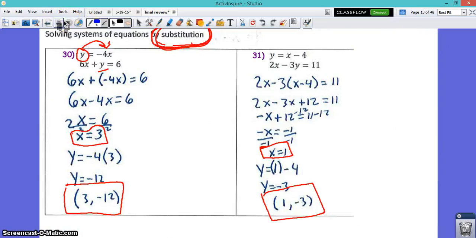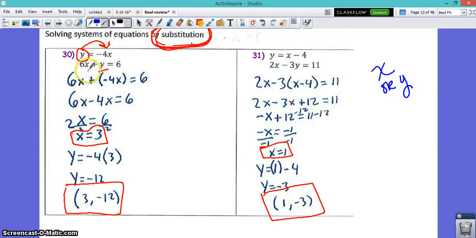30 and 31, this is substitution. Remember, for substitution, you need to have either the x or the y isolated. And then whatever x or y is, you plug into the other equation. So here I have y = -4x.